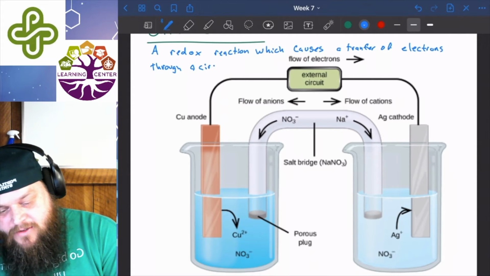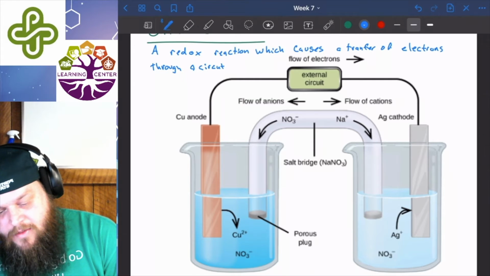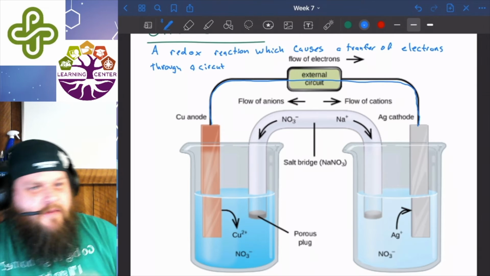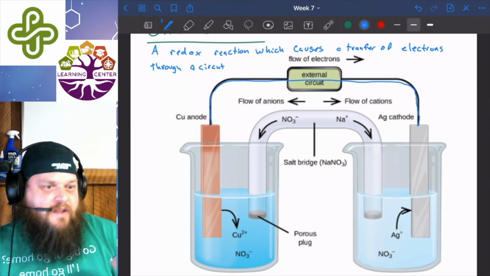But when I say circuit, I basically mean there's a path of the electrons flowing this way from one to another. It creates this flow of electrons. And in electronics, we call that a circuit.